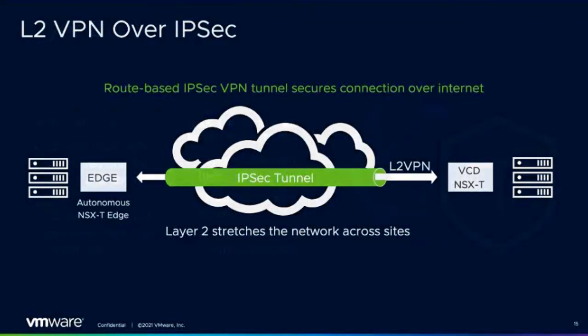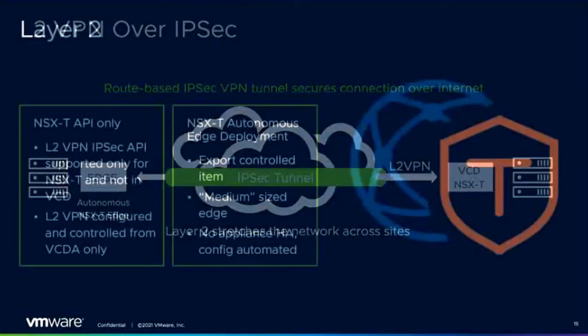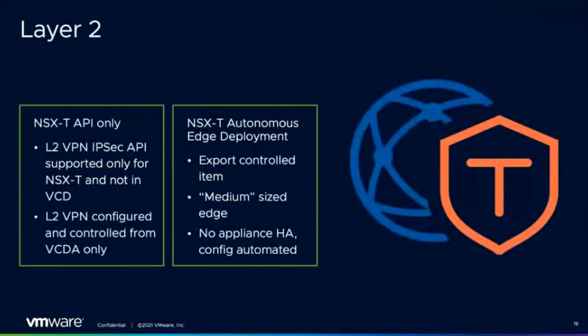The Autonomous Edge has quite a minimal footprint in the on-premises data center, and everything, even its network configuration, happens through the provider setup. Creating the server session happens through the Cloud Director Availability provider portal.